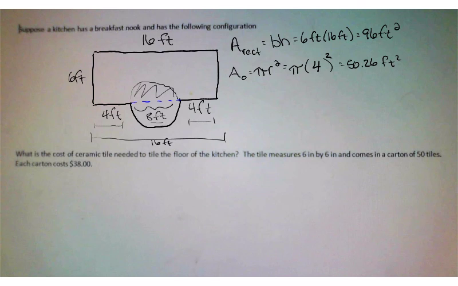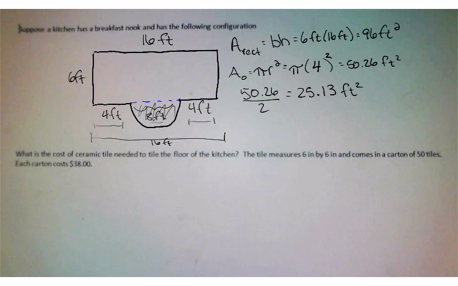And we already calculated the area of the rectangle, so we don't need to overlap again. All right? We just need the semicircle here. Well, semicircles are half of the full circle, so we take our full area and divide by 2, and what we get is 25.13 square feet.